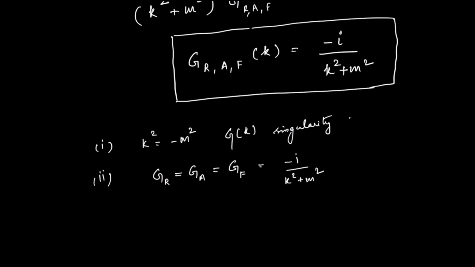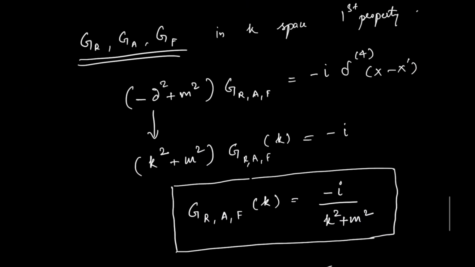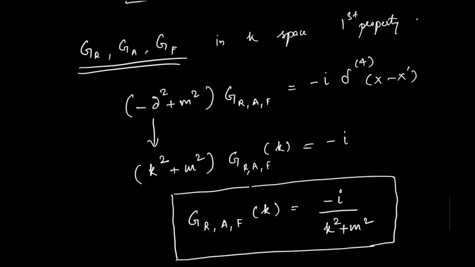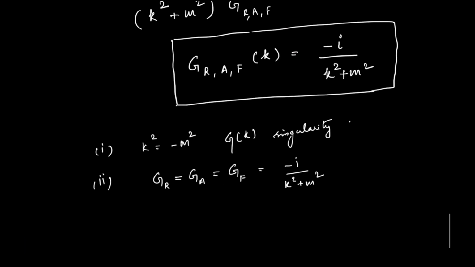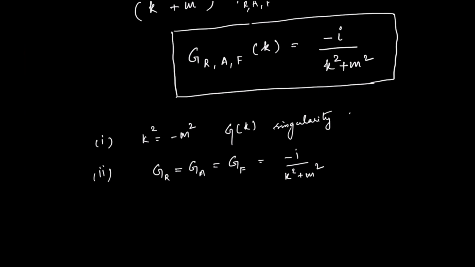But if we calculate them going through all the steps that we mentioned just before, then you will get GR not equal to GA. So when I went for the easy method, just taking the first property and then taking the Fourier transform, then I am getting a unique solution. If I have followed the earlier procedure, then I may not get this problem. But that is more complicated, taking all the steps is much more complicated.